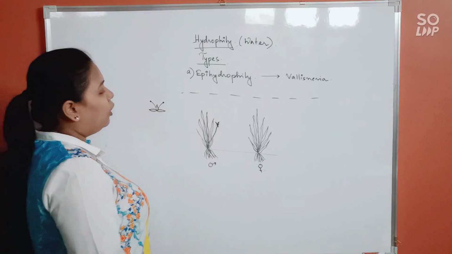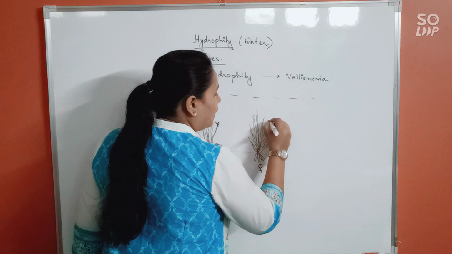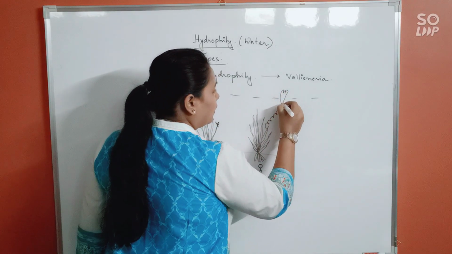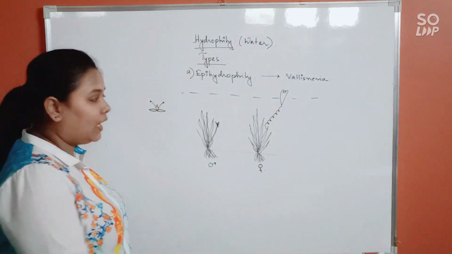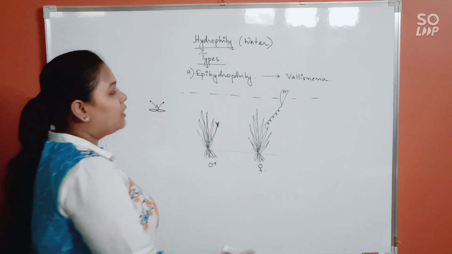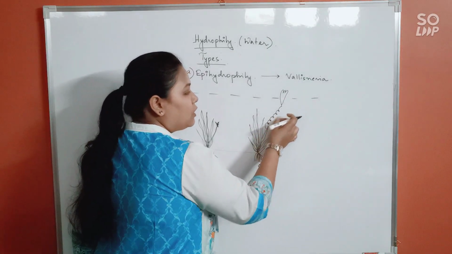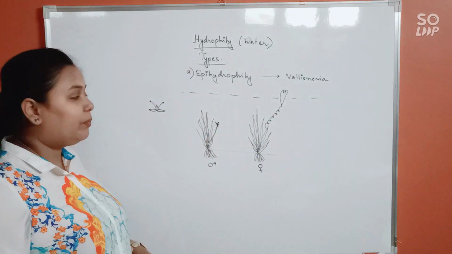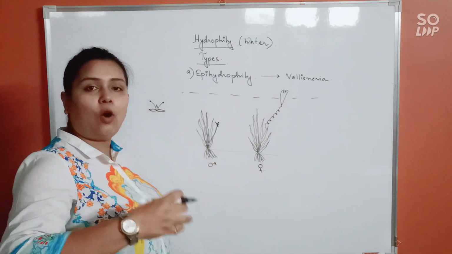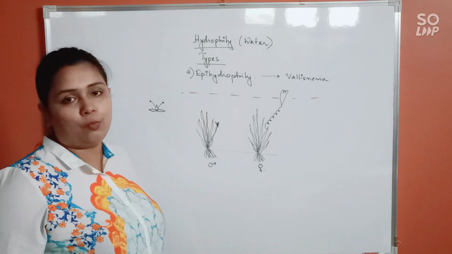On the other hand, the female flower will be having a tendrilar stalk. It will possess a stalk that can coil around, so that by uncoiling it can bring the flower to the top, that means on the surface of water.